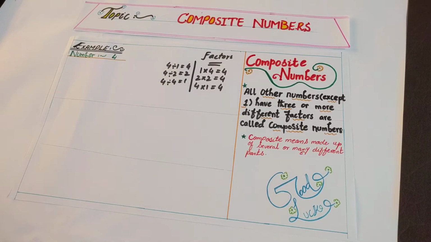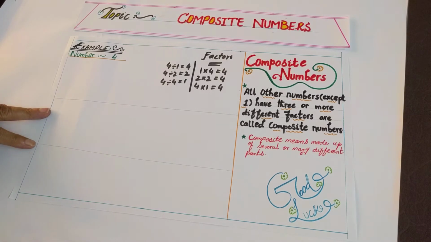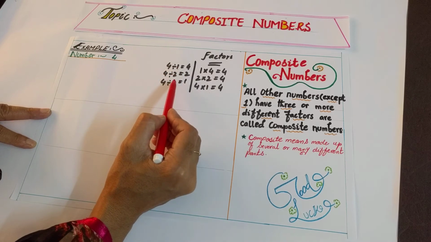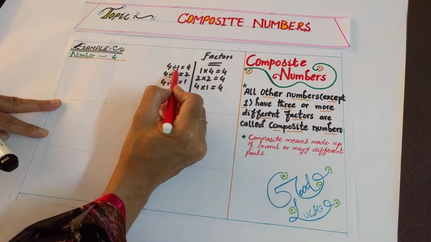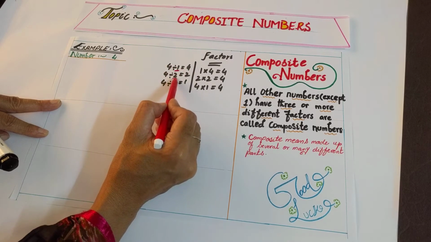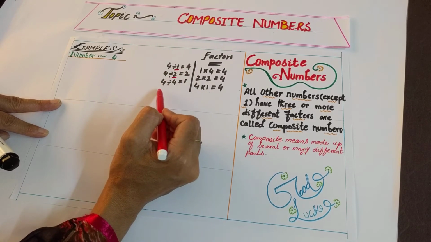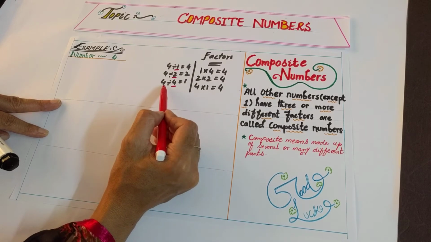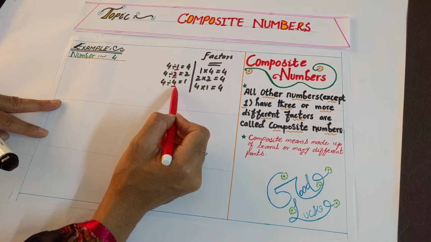Now what are the factors of 4? Factors are actually the divisors. 1, 2 and 4. 1 is dividing exactly the 4, leaving no remainder. 2 is completely dividing the 4 with no remainder. 4 is completely dividing the 4 with no remainder.